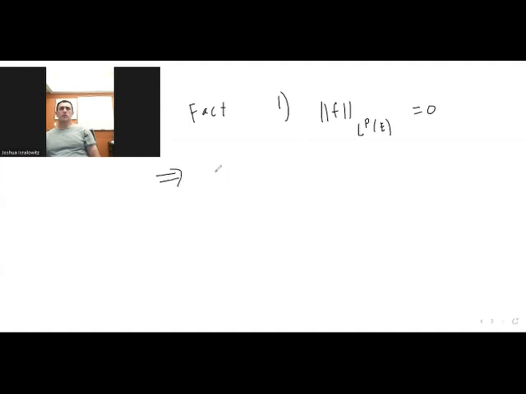We proved a few videos back that this means the absolute value of f to the p equals 0 almost everywhere on E. Well, that's the same thing as saying the absolute value of f is 0 almost everywhere on E.